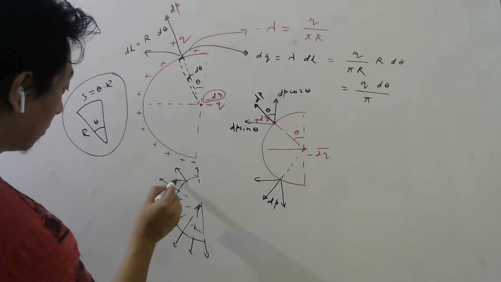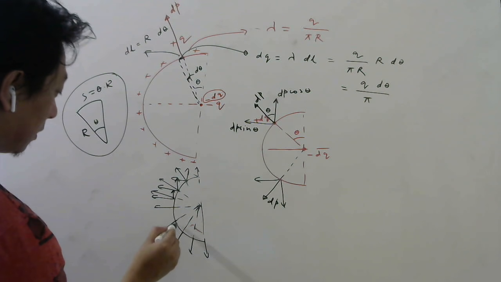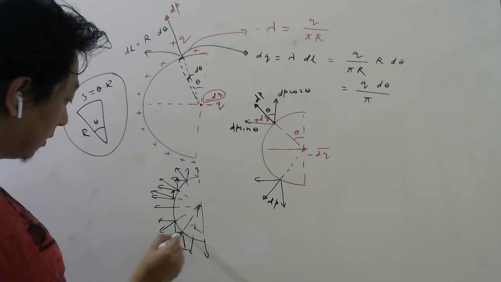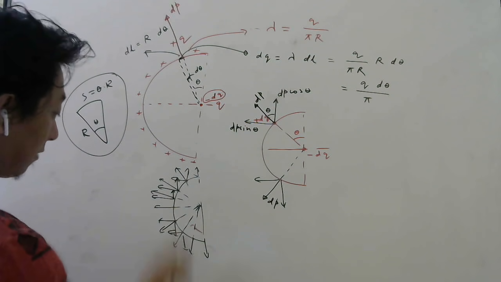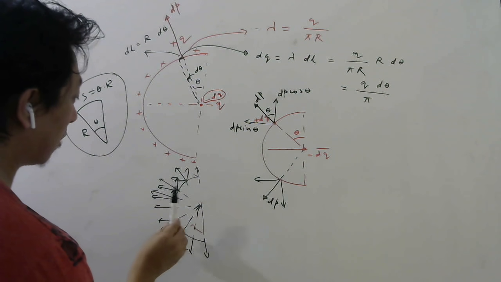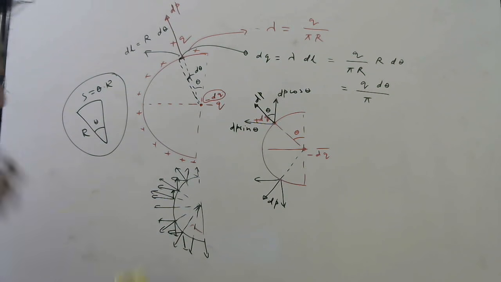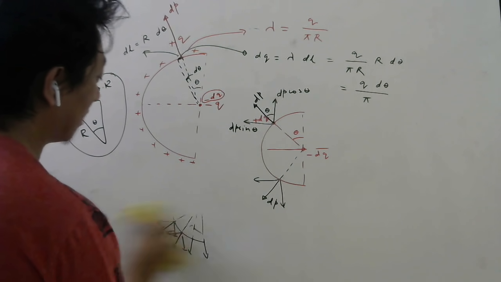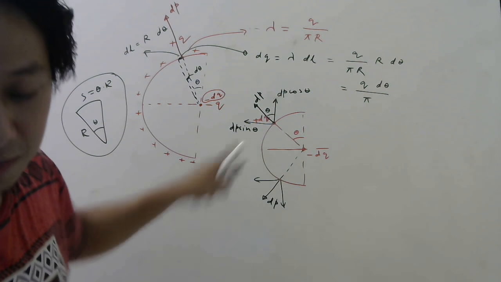If you take components of all of them, only these components will be in the same direction. This half will have one component down, and this half will have one component up, so those components will cancel. The point of taking the components was to understand that only these are in the same direction.